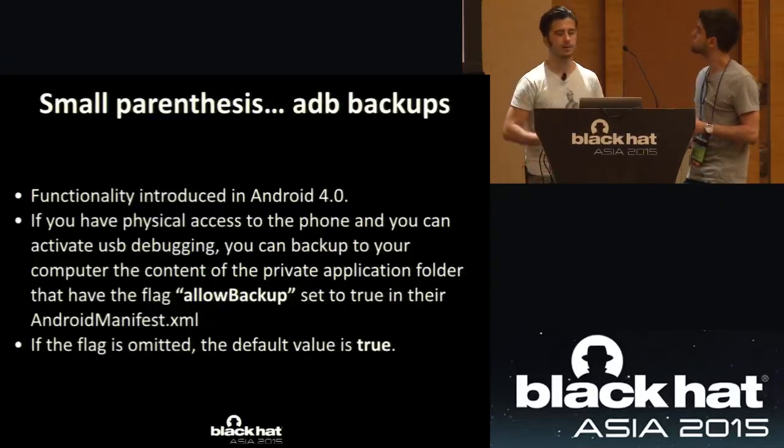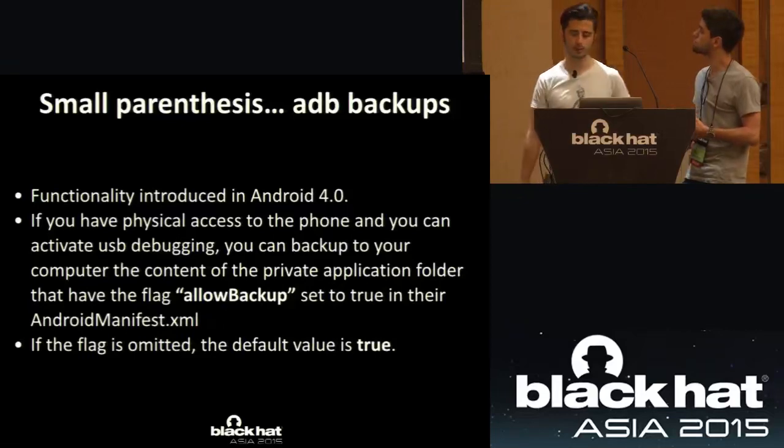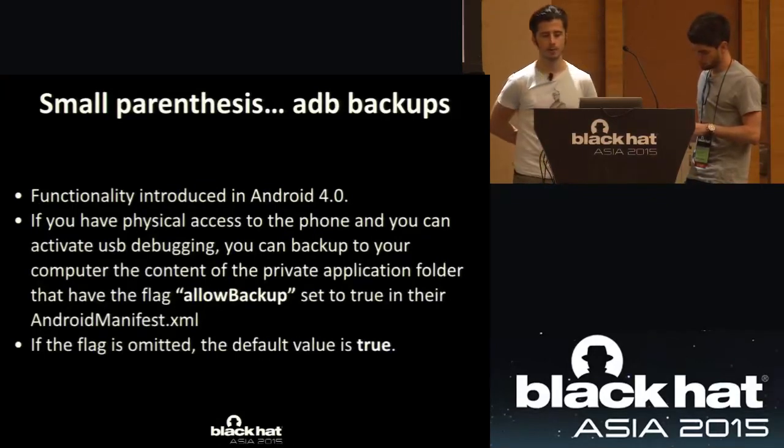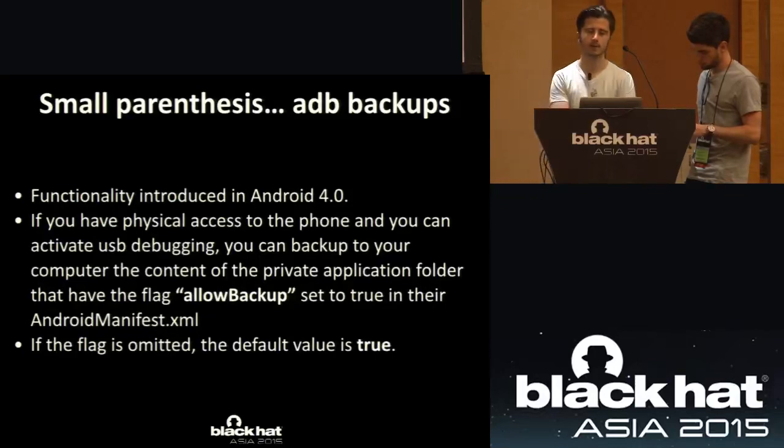As we said, this data will be stored as base64 in the private application folder. But how can an attacker retrieve that? Well, there is a functionality introduced in Android 4.0, which is ADB backups, which implies that if you have physical access to the phone and you can activate USB debugging, you can back up the private application folder of applications that have the allowBackup flag in their manifest set to true.